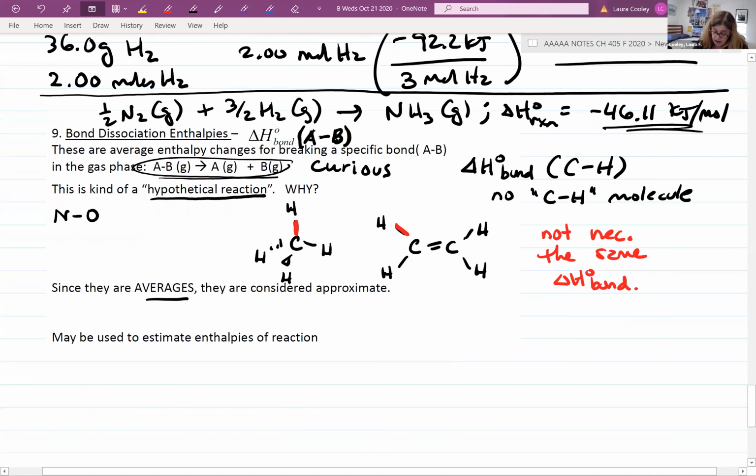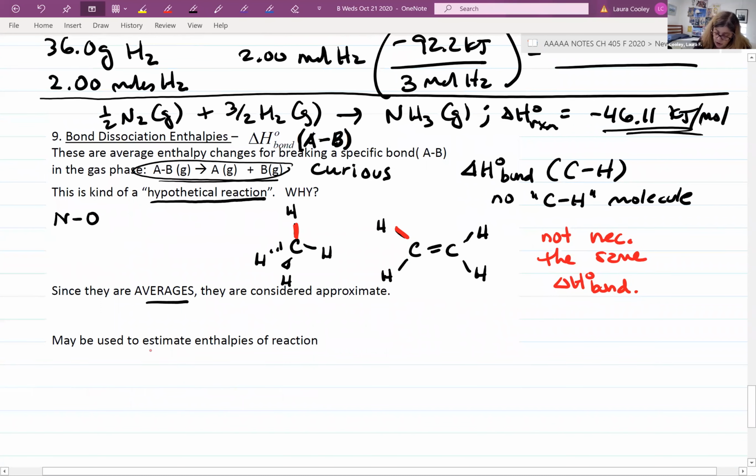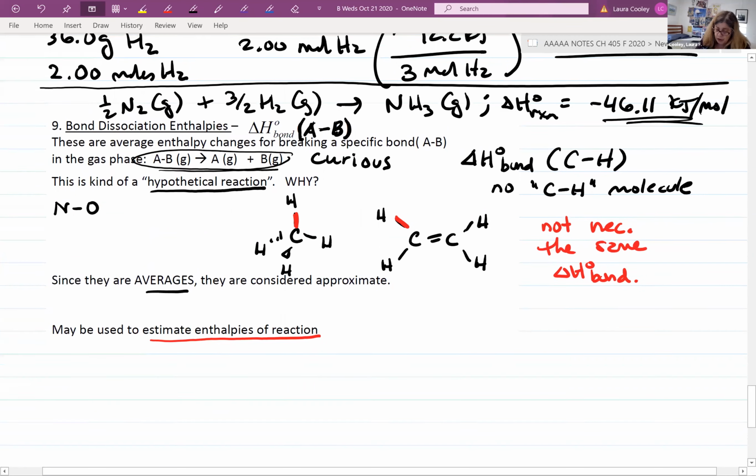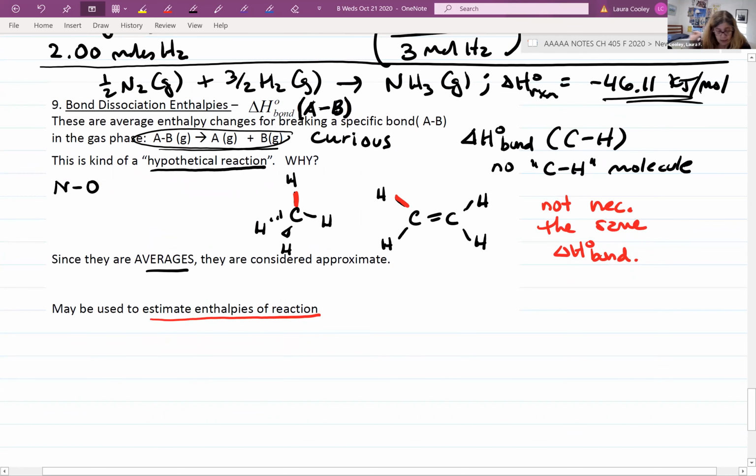So they're averages, but they can be used to estimate enthalpies of reactions. And how would you do that? I'm actually going to talk about this a little later, but the basic idea is you sum up the bond dissociation enthalpies for the bonds that are broken and the bonds that form.